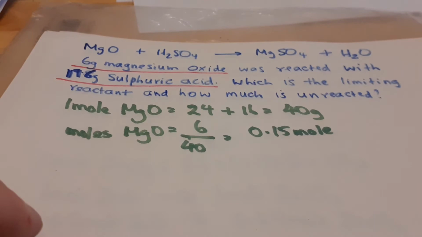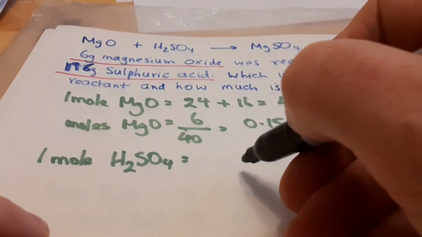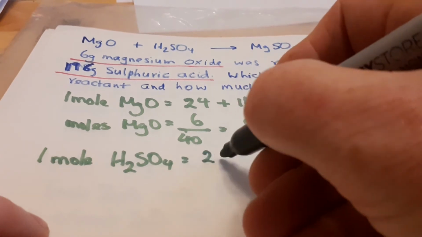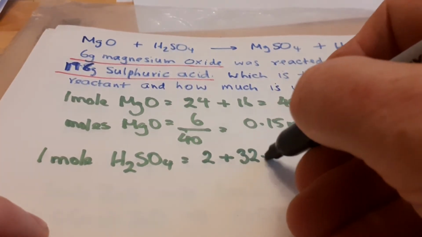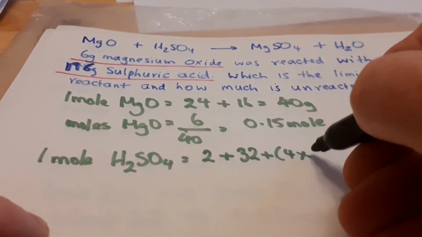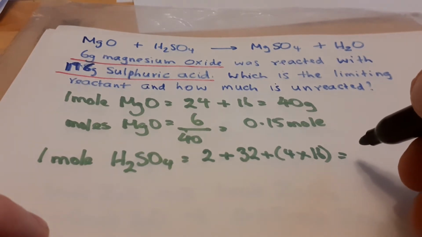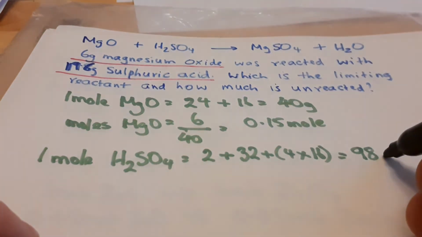Now we need to do the same thing with sulfuric acid. So 1 mole H2SO4 equals 2 hydrogens will be 2, sulfur relative atomic mass is 32, oxygen is 16, 4 times 16, 64, plus 32 is 96, plus 2 is 98 grams.